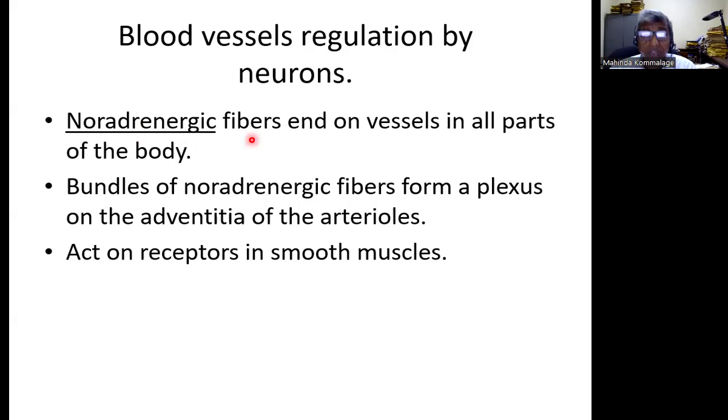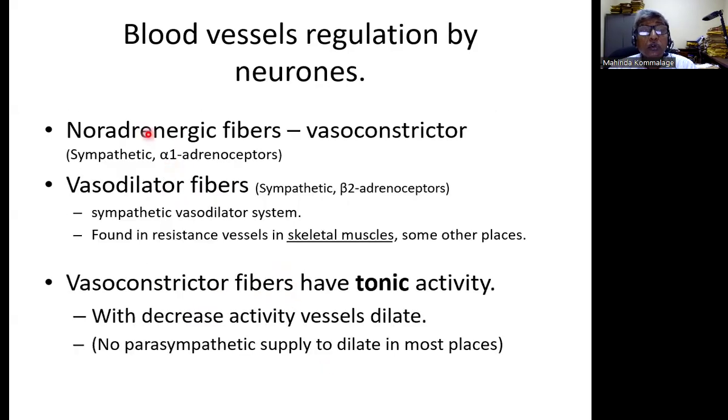A noradrenergic fiber we can find throughout the body. Mainly arterioles get the nerve supply with the noradrenergic fiber, and they act on receptors in the smooth muscle. So the noradrenergic fiber will do the vasoconstriction through the alpha 1 adrenergic receptor.